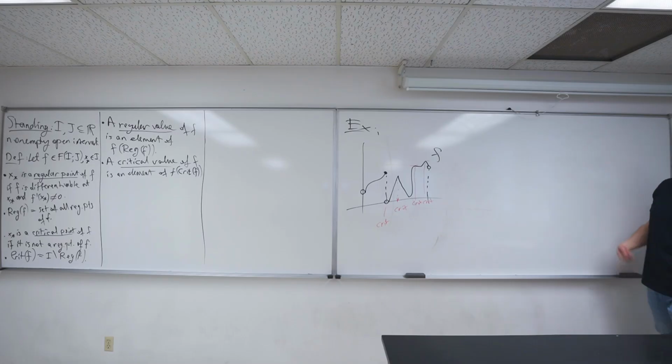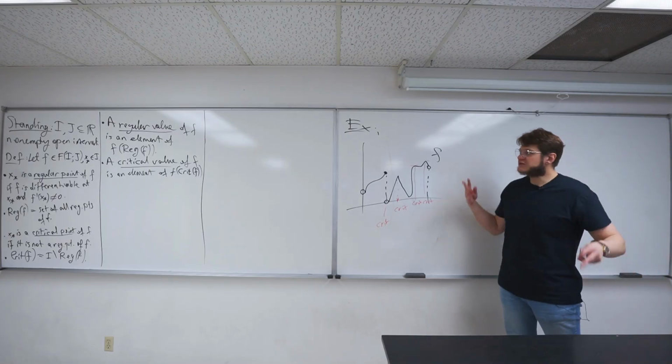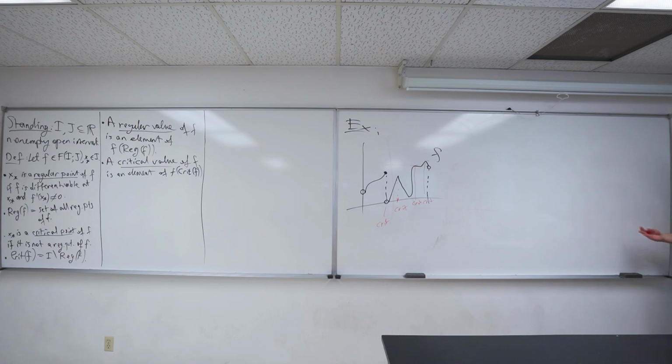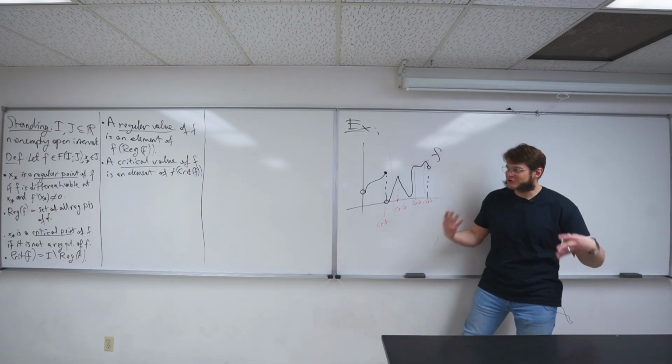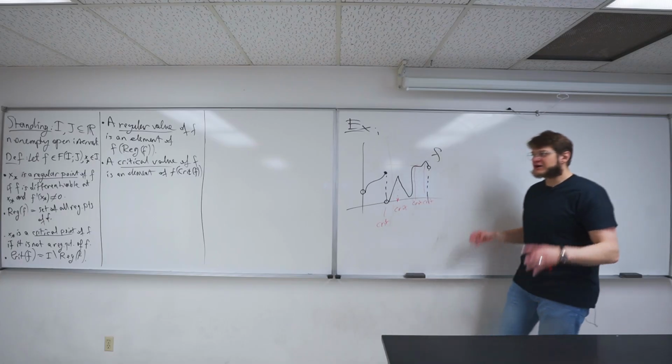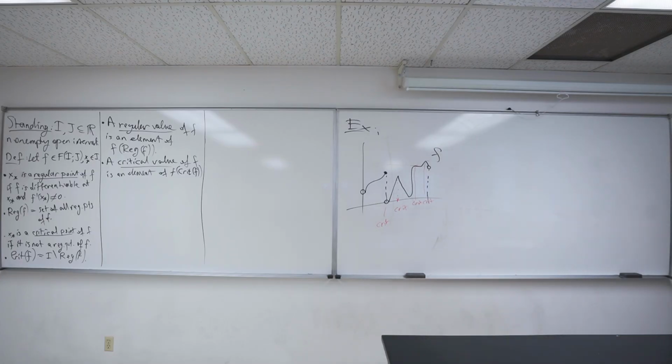Okay? So the general heuristic should be that most x's in I are regular. That's why you call them regular. And critical points are where bad things happen.